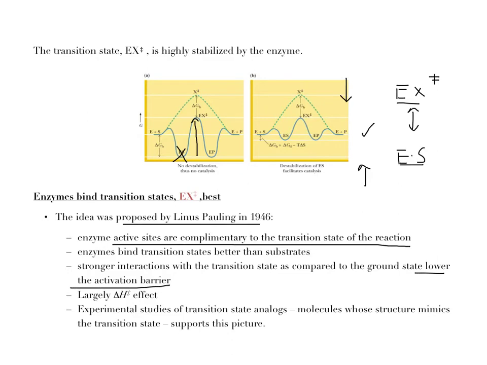The experimental evidence that supports this is through studying the binding of transition state analogs, molecules that don't mimic the substrates, but mimic in their shape the shape of the transition state of the reaction. These bind to enzymes very, very well. All right, so this is really the picture that we want to have in our minds when we think about enzyme catalysis.